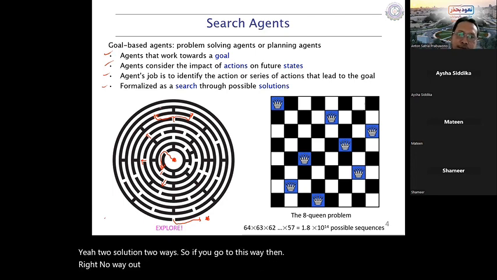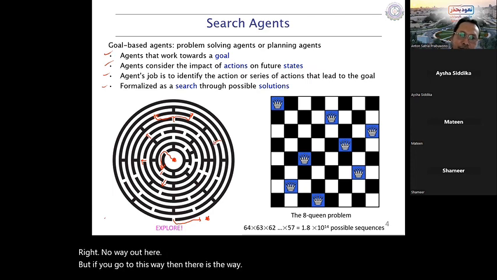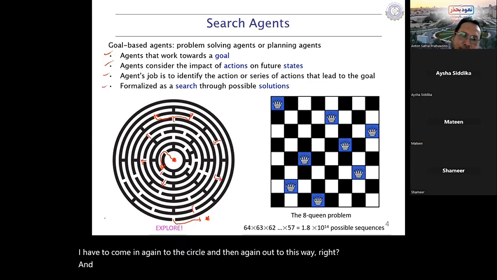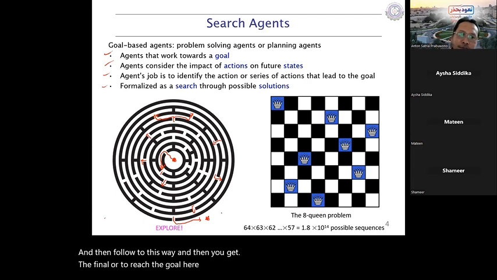But if you go this way, there is a way down to come into the circle again, and then out this way. Then follow this way and you reach the goal, the destination. So this is the goal, and this is the initial state, we can say.